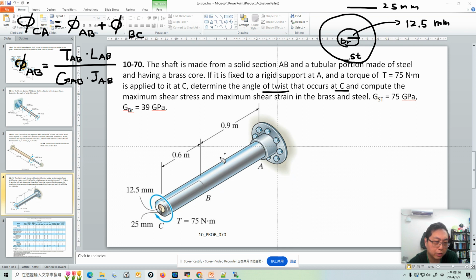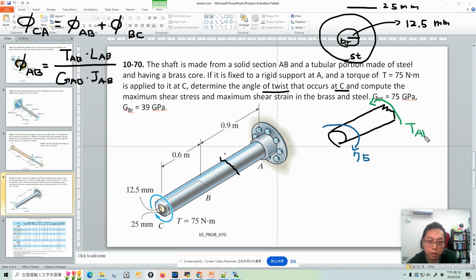We just use a cut section. Here is the cut section, and we have the external torque, clockwise 75 Newton meter. At the cut section here, we will have an unknown torque, which I call TAB. Because I don't know its direction, I assume everything is counterclockwise.